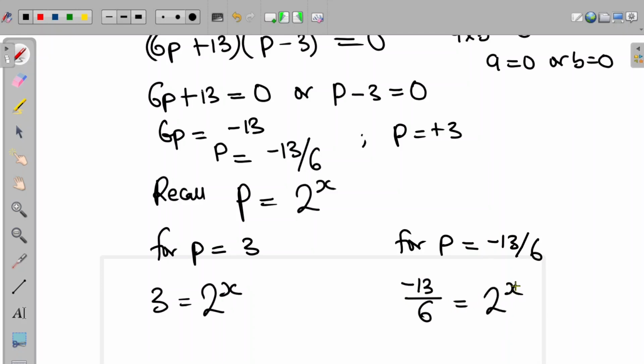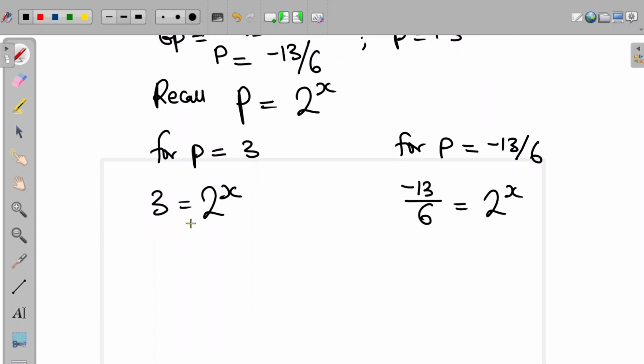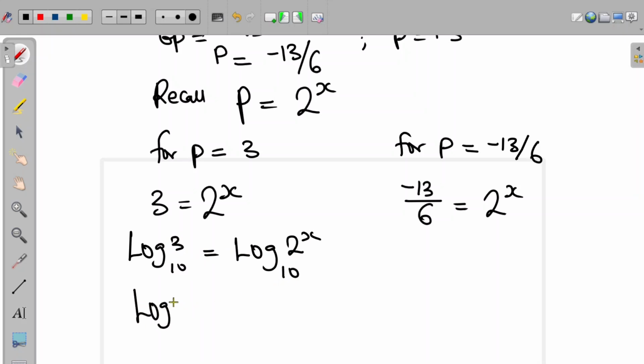At this point, if we take the log of both sides, we have log 3 in base 10 is equal to log 2 to the power of x in base 10. Now, this can be expressed as log 3 in base 10 equal to x multiplied by log 2 to base 10.